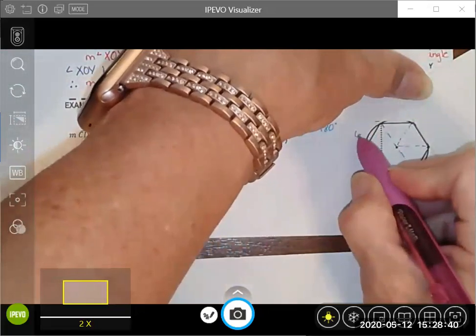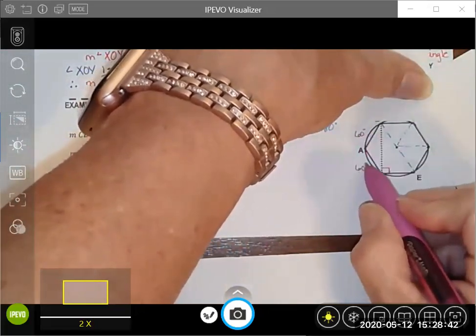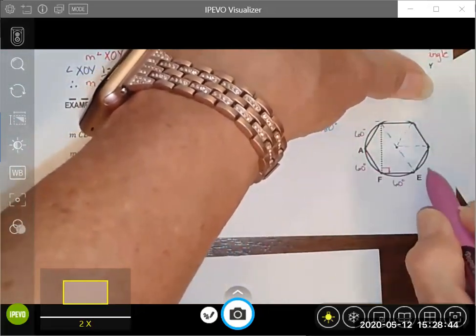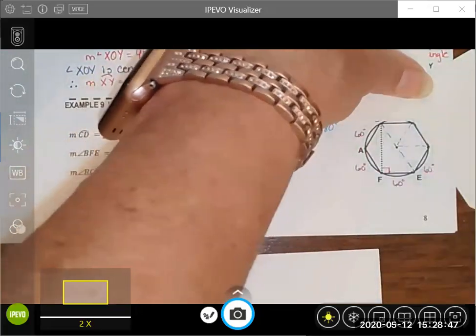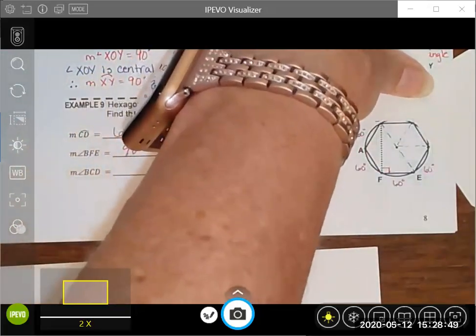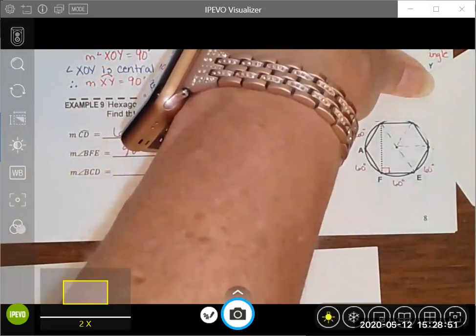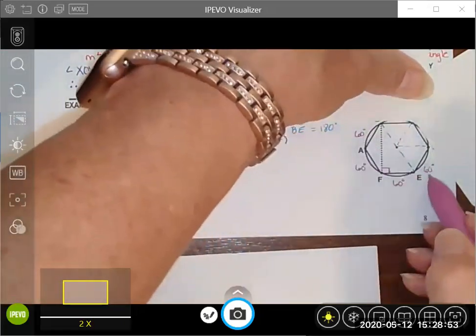So I can add all these up. 60 degrees plus 60 degrees plus 60 degrees plus 60 degrees is going to add up to 240.